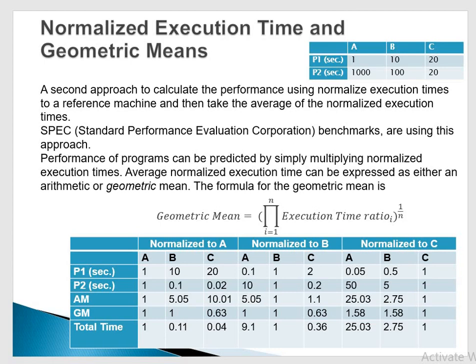The average normalized execution time can be expressed as either an arithmetic or geometric mean, and the geometric mean is the product of the execution times.